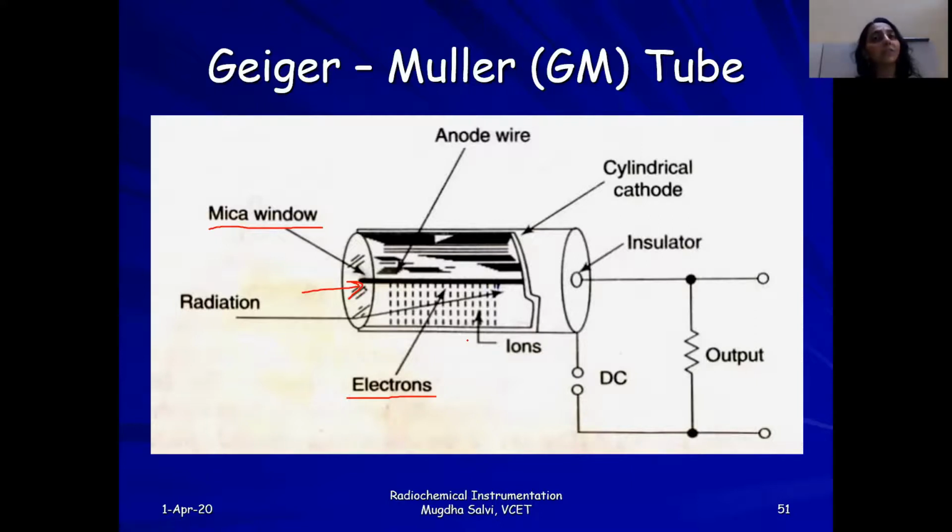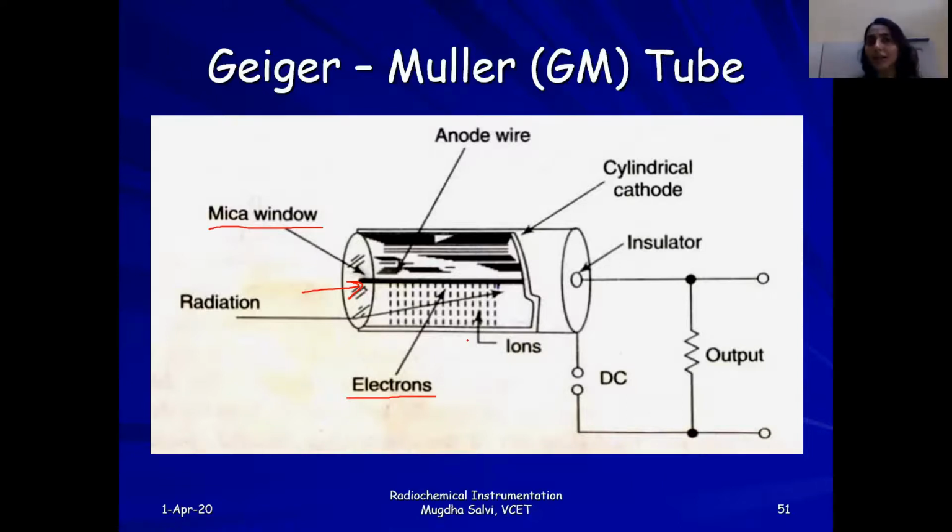That means it can differentiate between the beta and the gamma particles entering the GM tube, because it provides proportional pulses to the alpha and the beta radiations. That means if it is a gamma radiation or a beta radiation or alpha radiation, depending on that, it will give you smaller or larger pulses. And hence we can identify which kind of radioactive particle is actually entering into the GM tube.